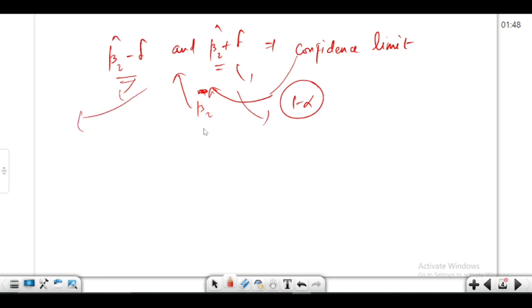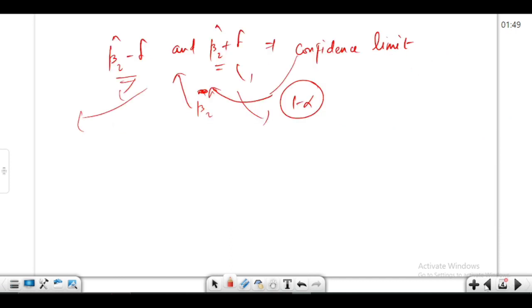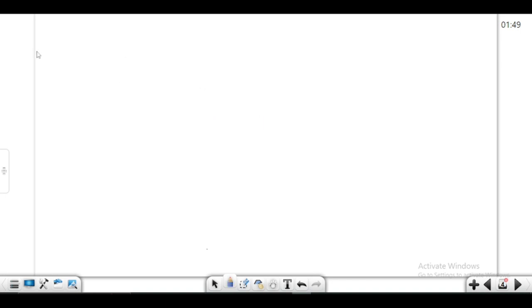Okay, this is what confidence interval or interval estimation talks about. So I hope the confidence interval is clear. Now let's take an example.